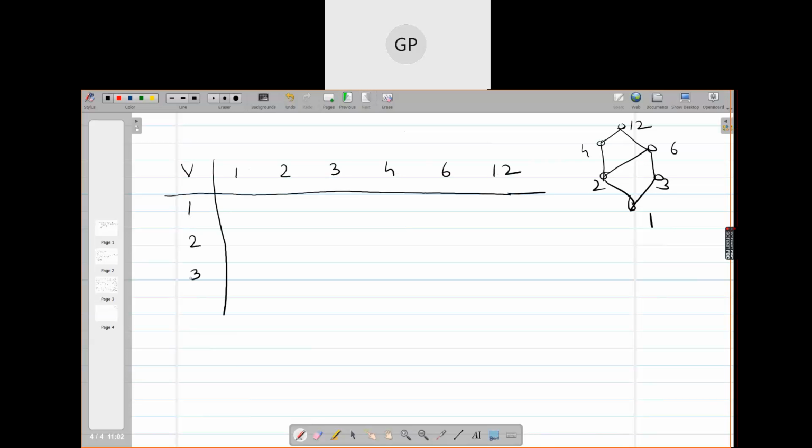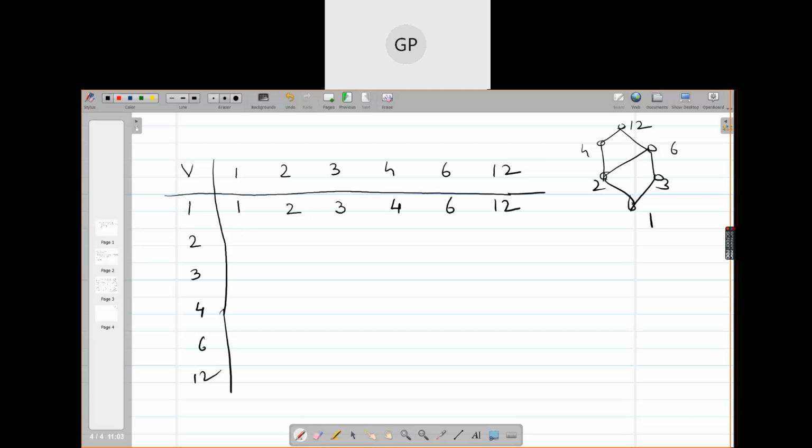What is 1 join 1? It is 1, right? 1 join 2? 2. 1 join 3? 3. 4, 6, 12. I hope all of you understand this.